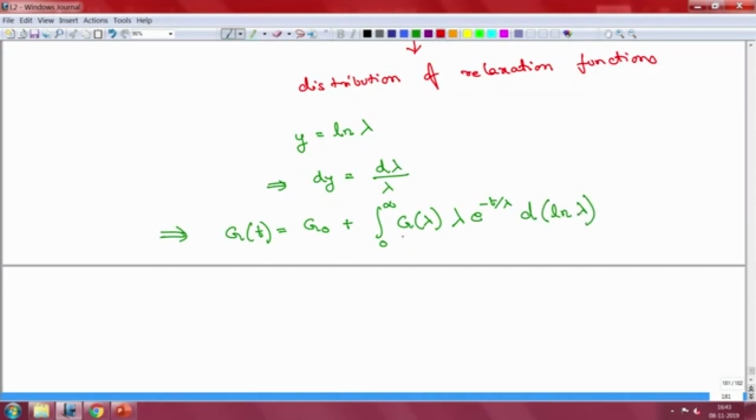And now this particular function is usually denoted by h. So, this function, g(lambda) times lambda, is regarded as another function, and this is now called the relaxation spectrum.